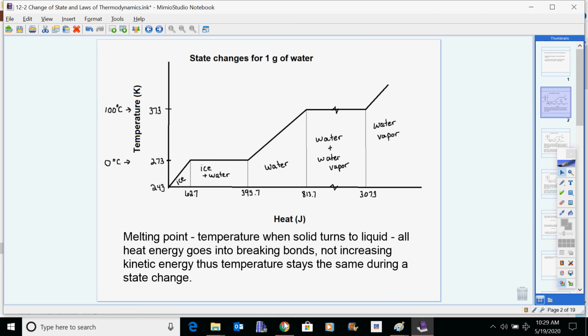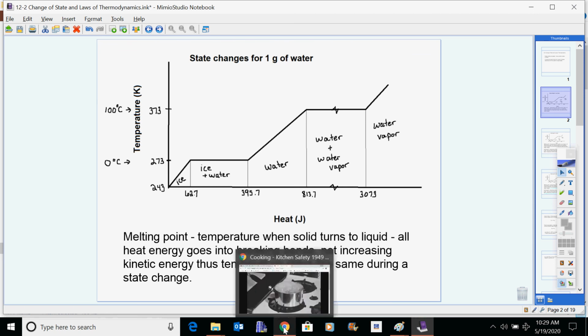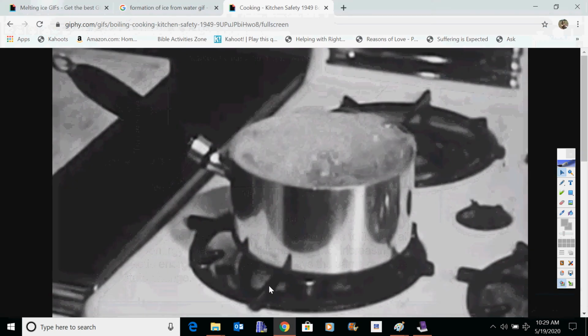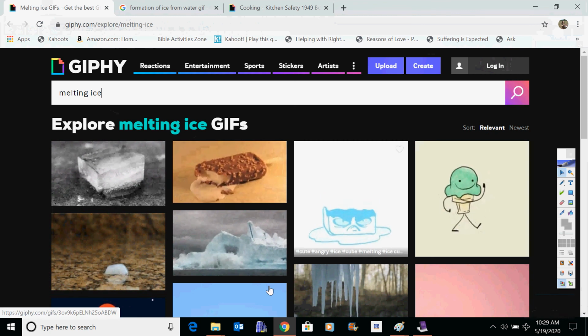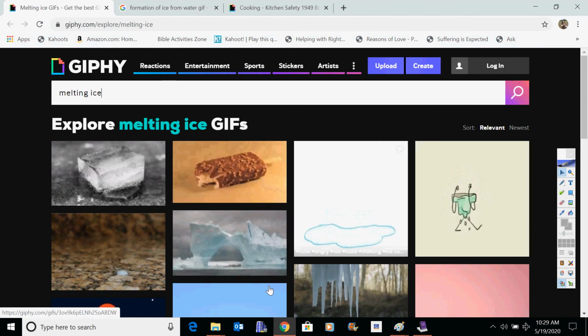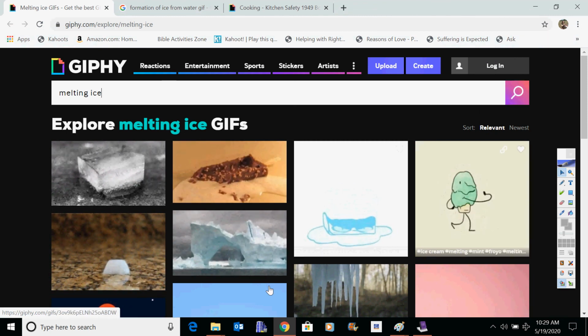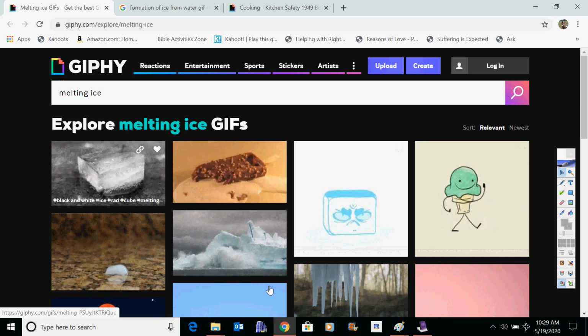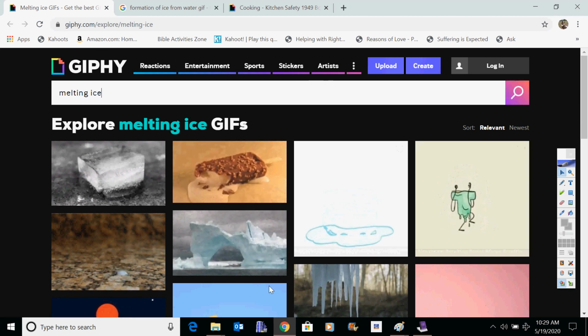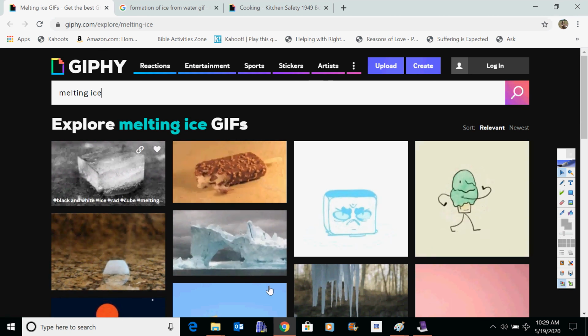I am giving credit to who credit is due for these things. When you start adding more and more heat energy, at a certain point, melting begins to happen.